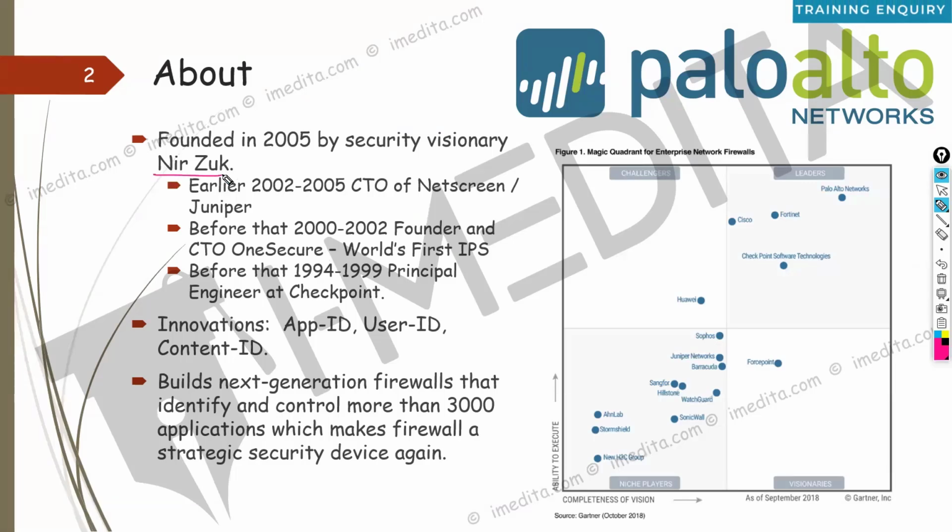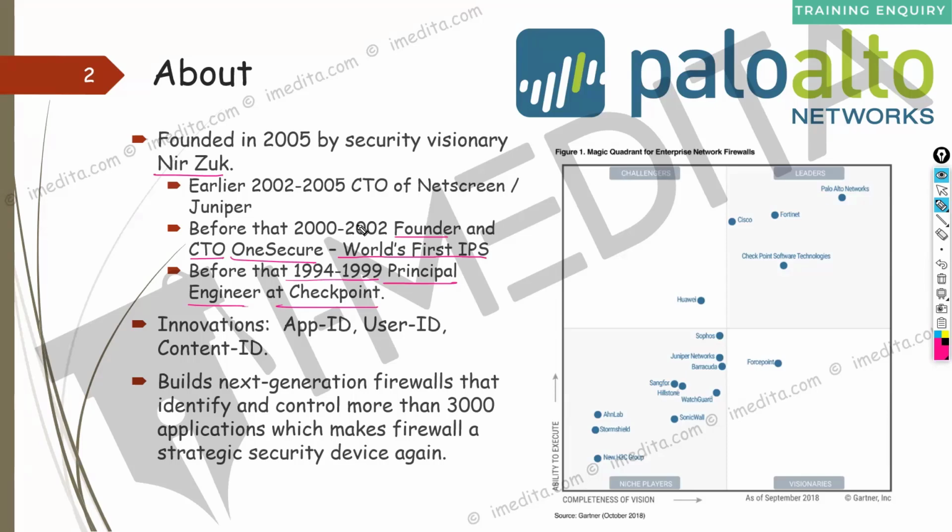Nir Zuk worked as a principal engineer at Checkpoint from 1994 to 1999. After that, he founded a company named OneSecure, where he worked as CTO, and that company invented the world's first IPS.